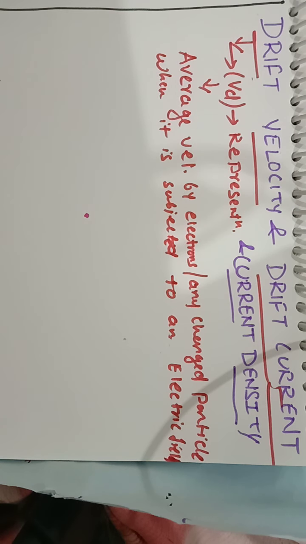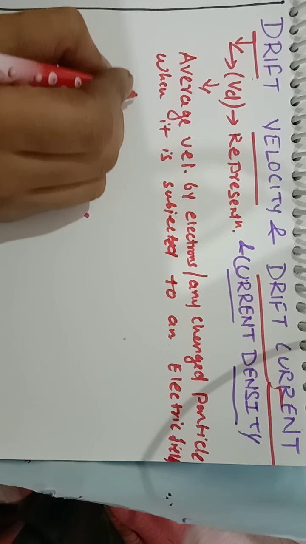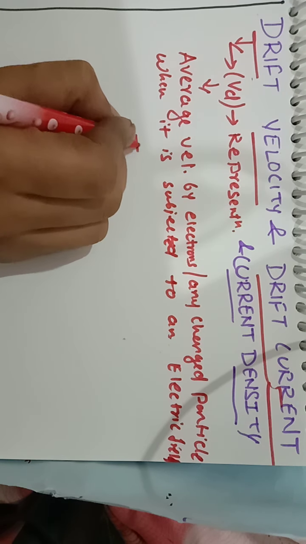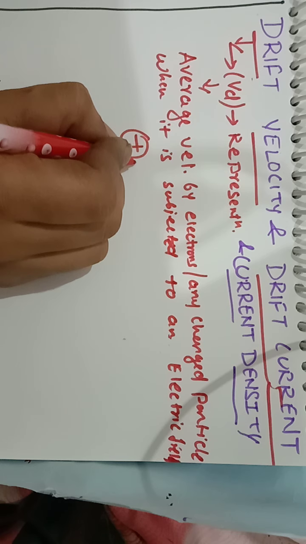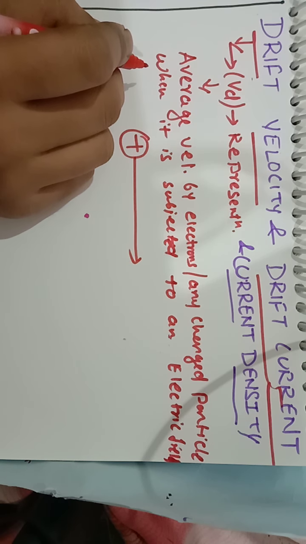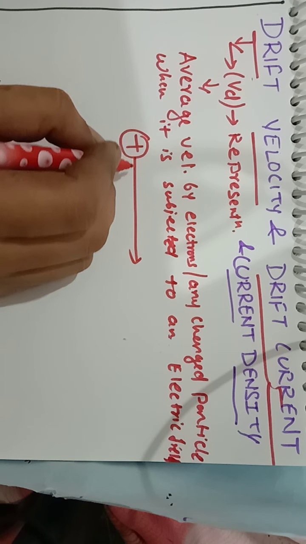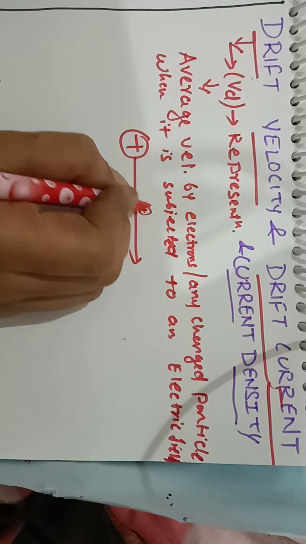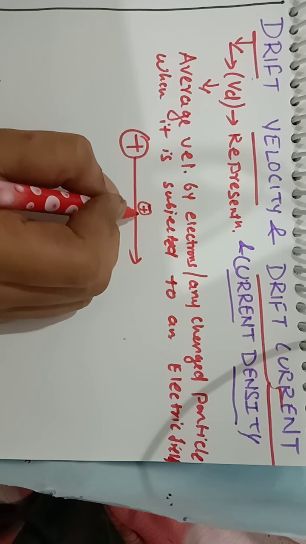So basically, what happens in an electric field? What is the funda of electric field? Electric field generates from positive charge and moves away. If we place any positive charge in between, in which direction will it experience the force?